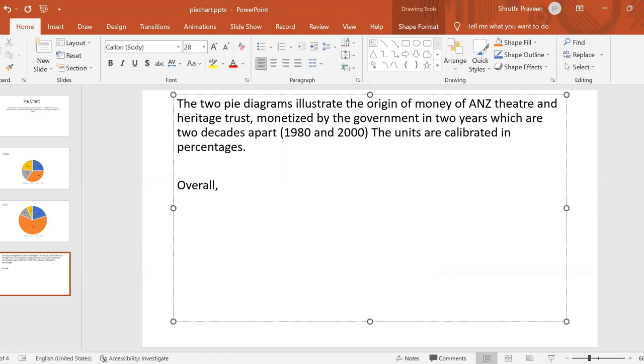Be careful not to write any kind of numerical data or any data in the overview paragraph. Okay, only the observation or the significant feature, what you identify when you first see the graph, before going too much into the details, that is what should come in your overview paragraph.